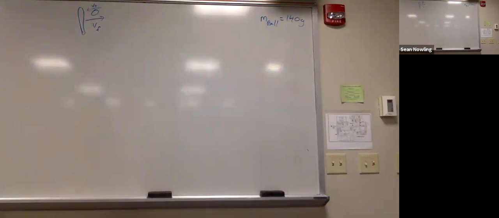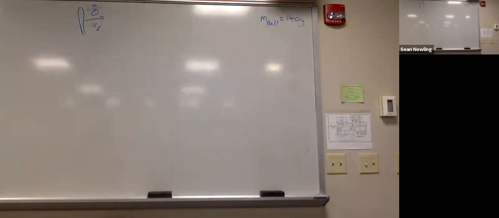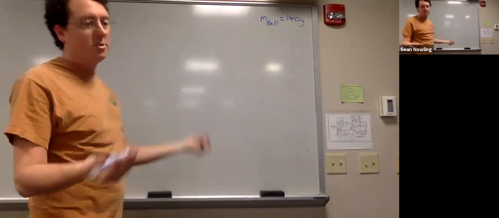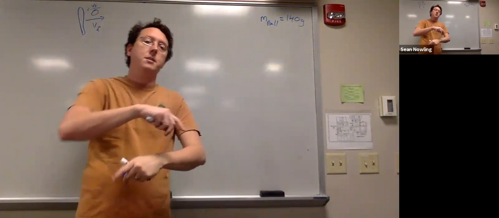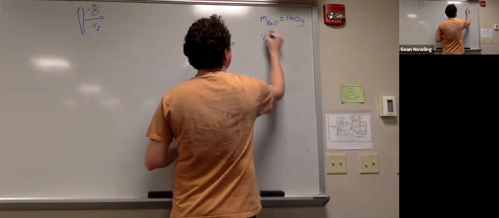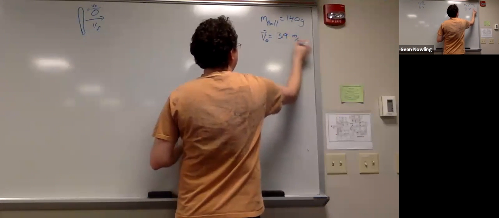And we're going to assume that when the ball is flying through the air, it initially has a speed of 39 meters per second. And we're going to assume that after it leaves the bat, it also has 39 meters per second, but in the opposite direction. Okay, so we'll assume that V initial is 39 meters per second.